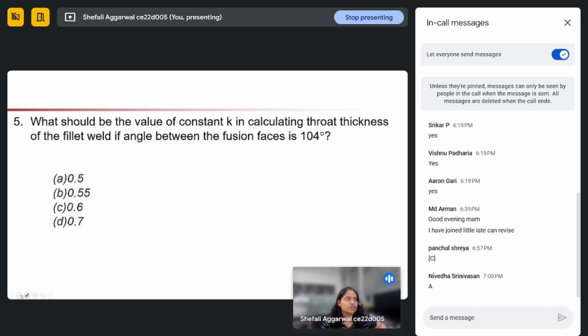Okay. What should be the value of constant K in calculating throat thickness of fillet weld if angle between the fusion faces is 104? Try to calculate if you want.